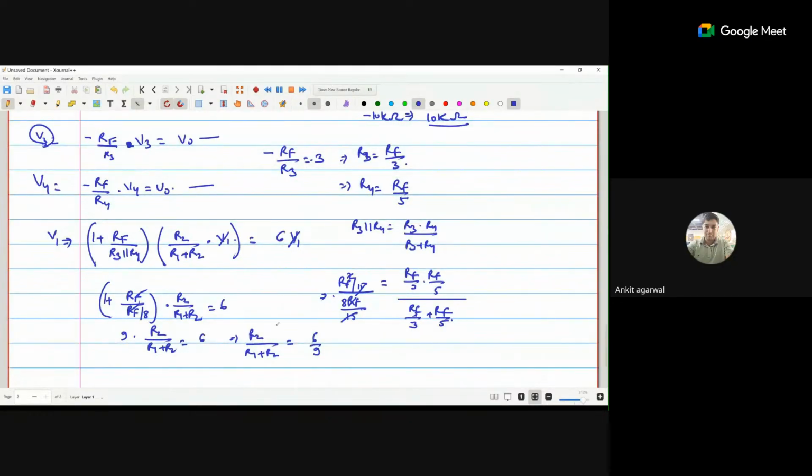We can say that 9R2 is equal to 6R1 plus 6R2. So 3R2 is equal to 6R1, and R2 is equal to 2R1. This is the first, this is the second, and this one we are taking as the third.